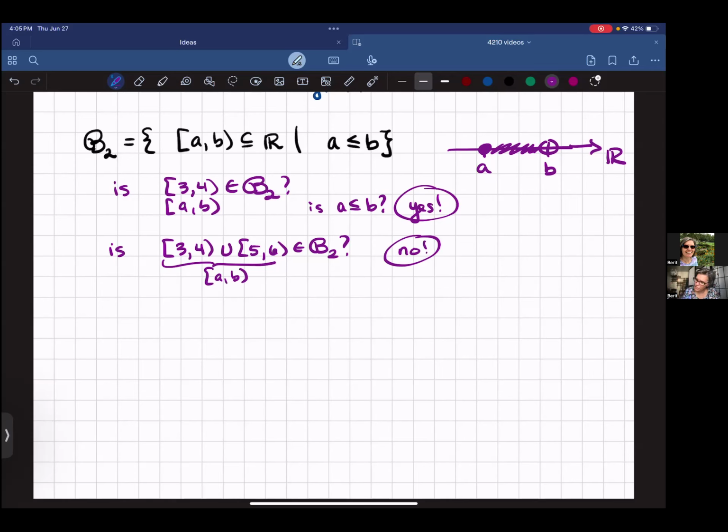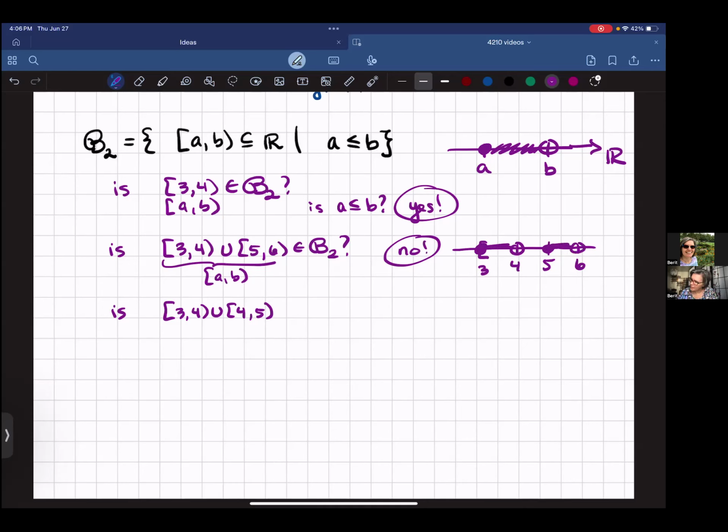But now this is a trick question, because what about if I do [3, 4) union [4, 5)? Let's draw both of those. The one above that's not in B2 looks like a solid circle at 3 and an open circle at 4 and everything between, and then a solid circle at 5 and an open circle at 6 and everything in between.